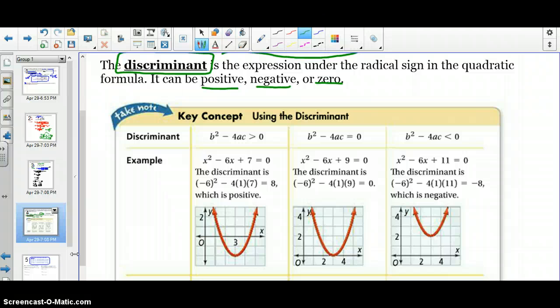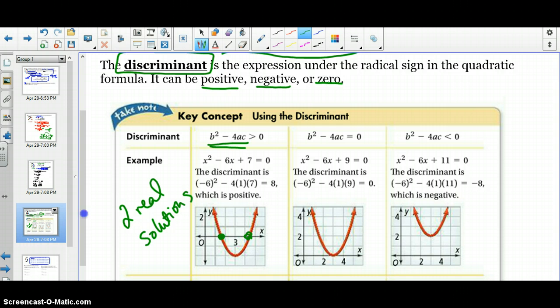So let me just briefly go through here. If your discriminant is positive, that means that there are two real solutions, and that's going to mean that your quadratic crosses the x-axis twice.